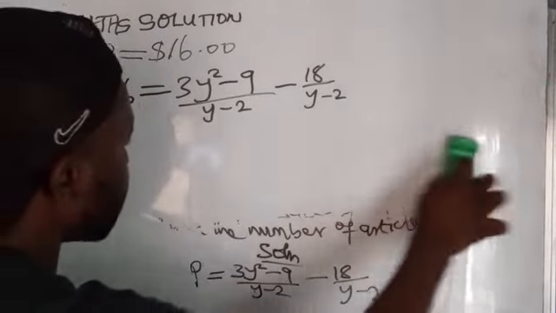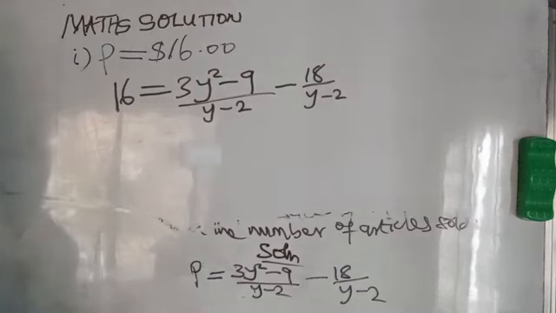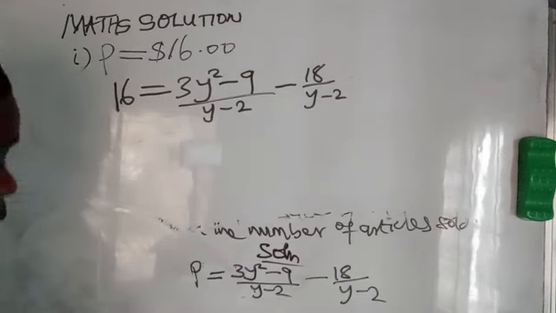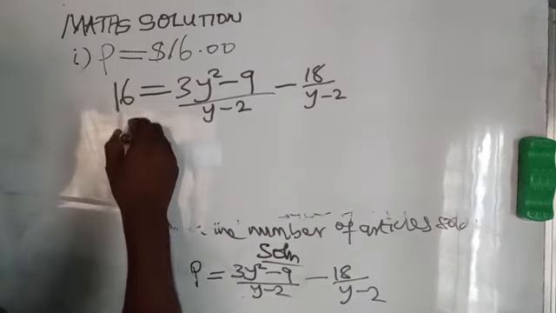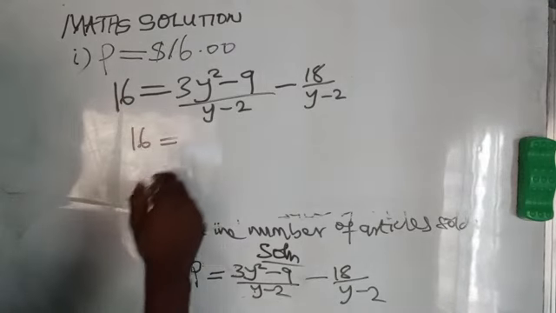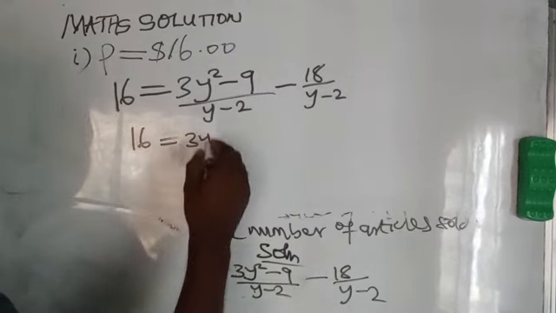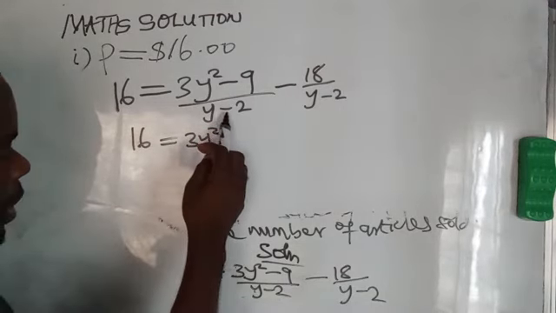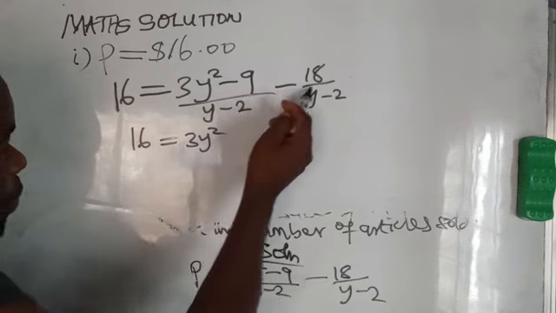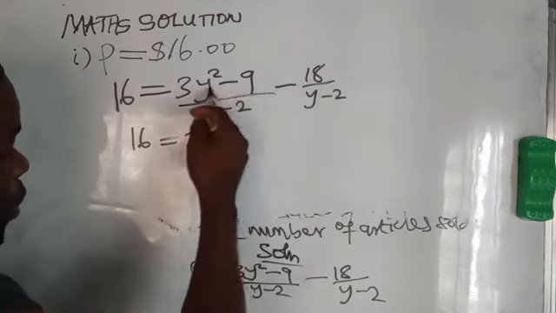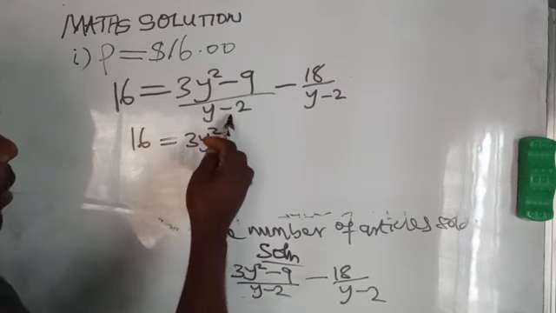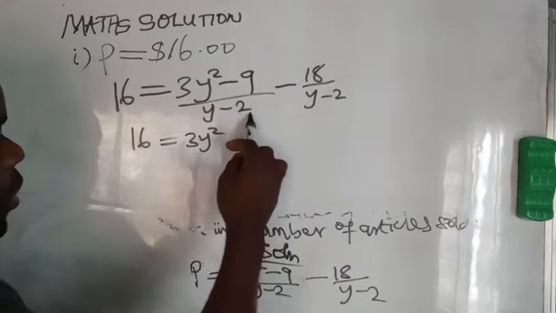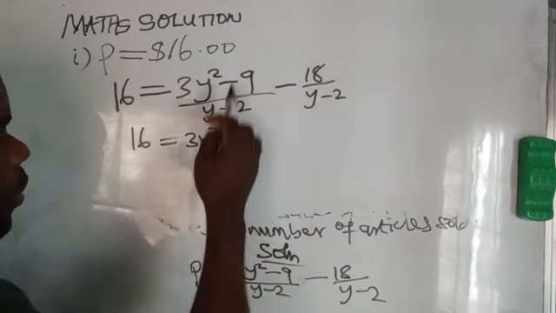The next step is, you still write 16 equal to. Now you see that these two fractions have common denominators, so just choose only one denominator.